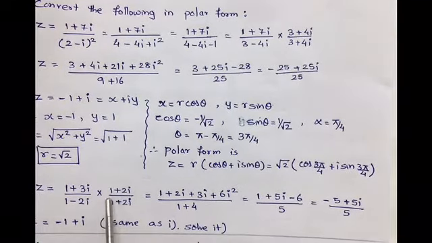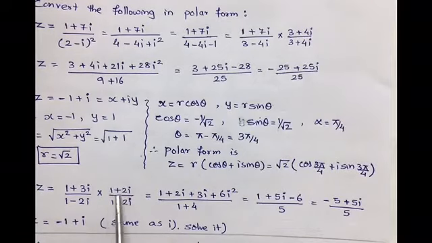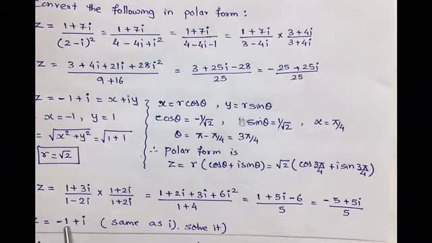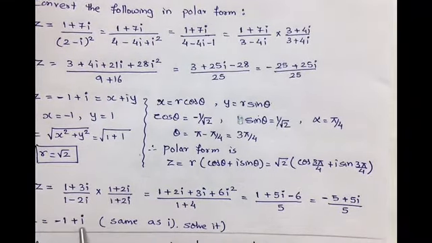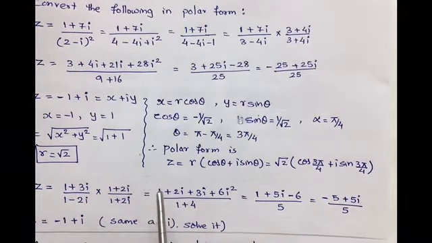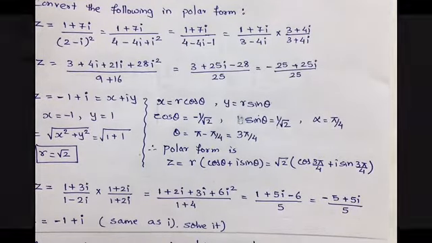I have already taken up here the conjugates, multiplied the brackets, simplified it, and the final value after reducing to standard form becomes minus 1 plus i, so the solution becomes just similar to question number 1. So solve it completely yourself.